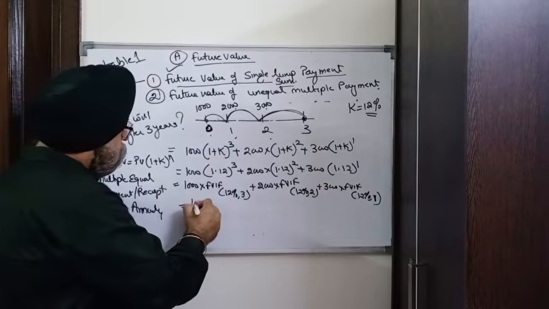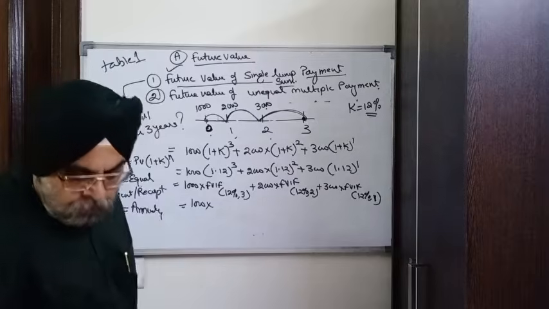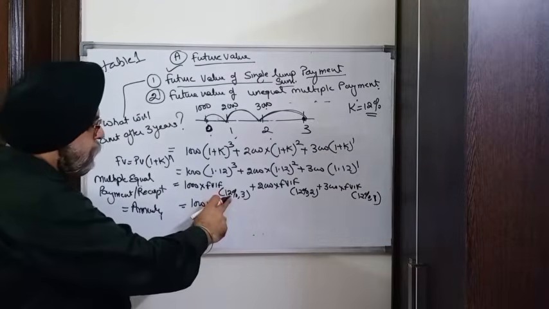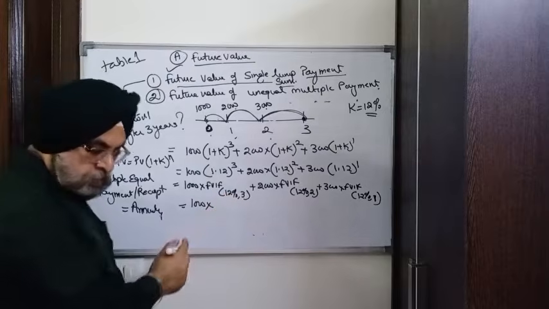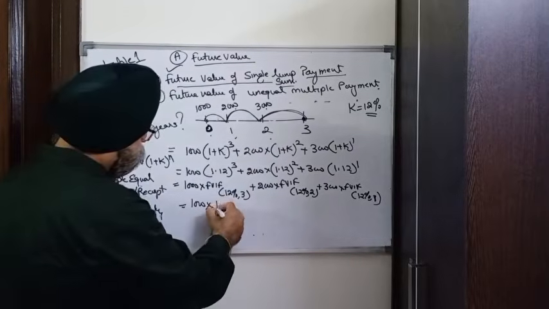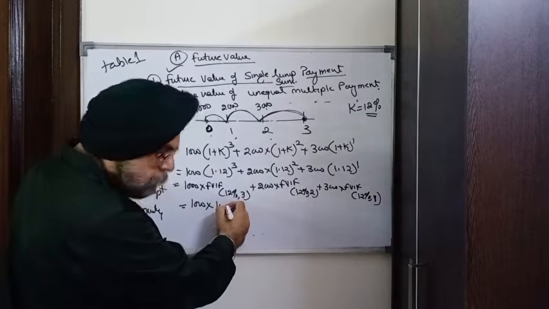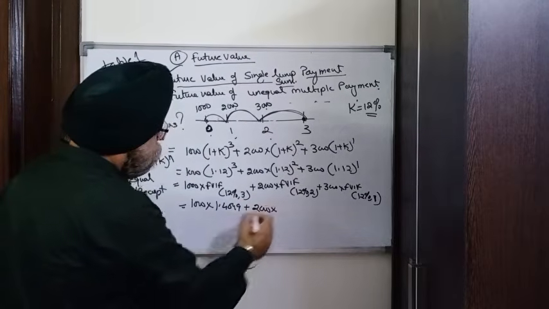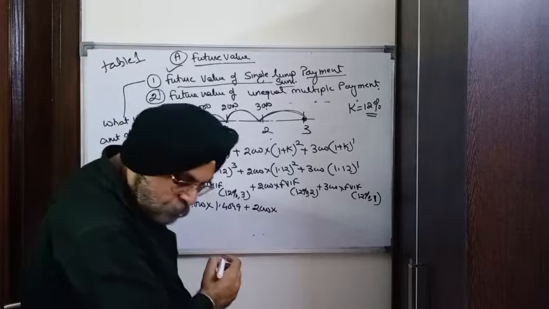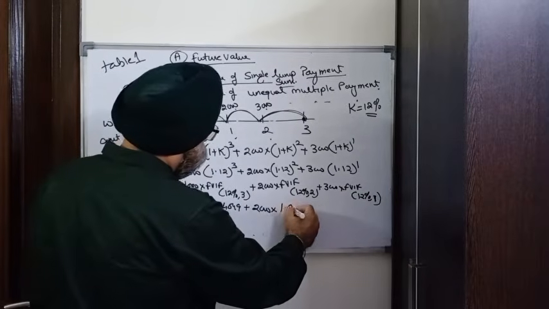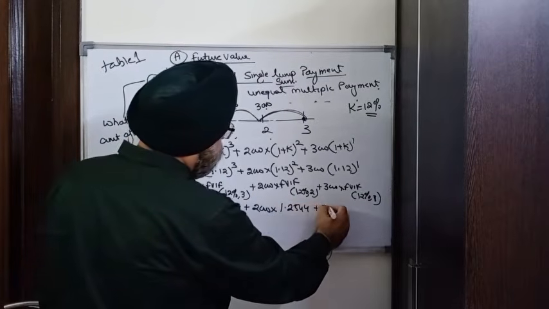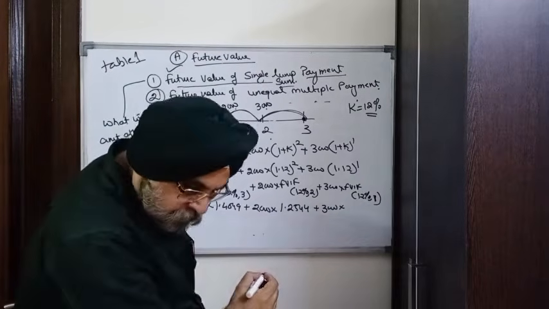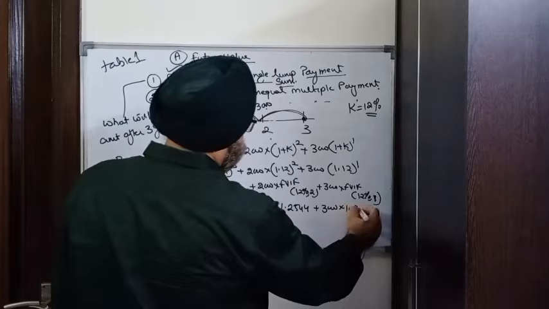So 1000 into the amount given in table number 1, at 12%, 3 years, 1.4049, plus 2000 into 1.2544, plus 3000 into 1.12.